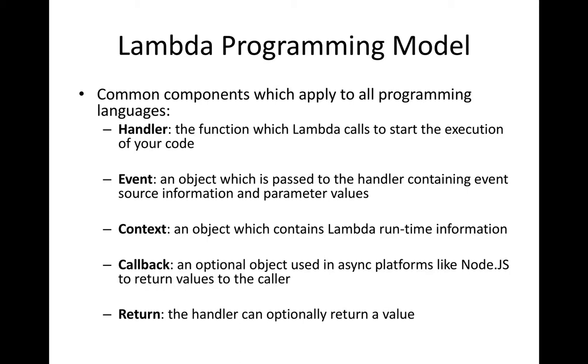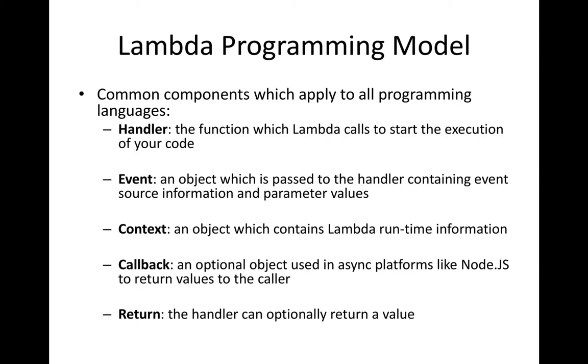The first component is the handler. The handler is nothing more than the function that Lambda will call when it begins to execute your Lambda function. So you can think of this as being sort of like the main function in the Lambda function code.